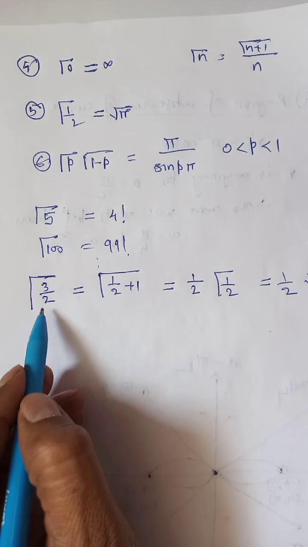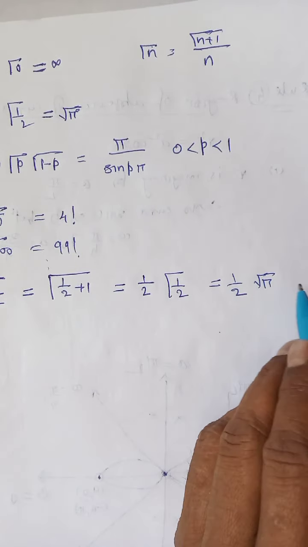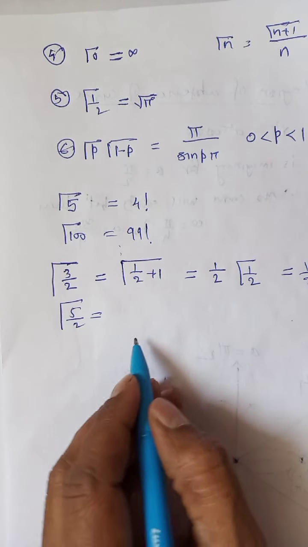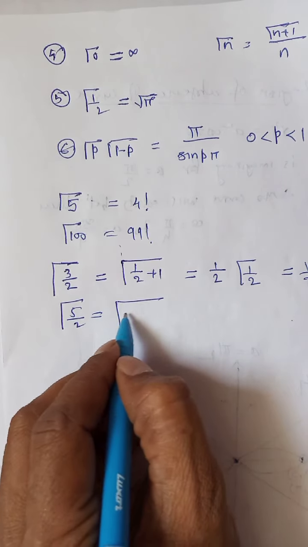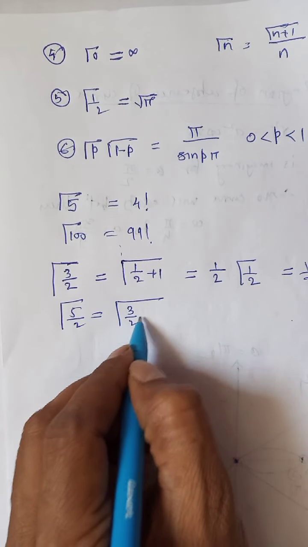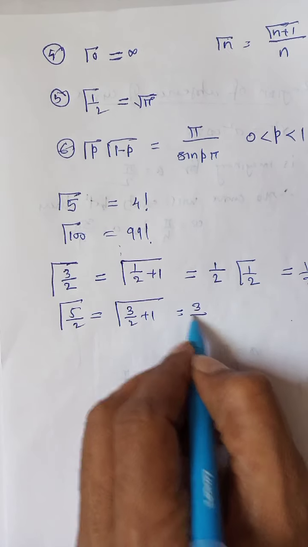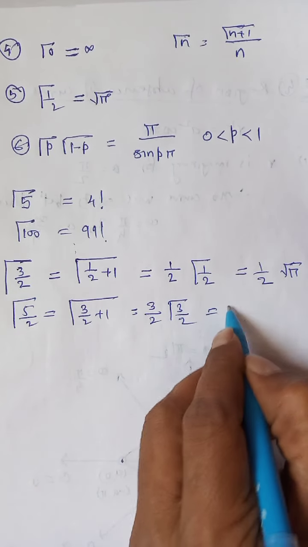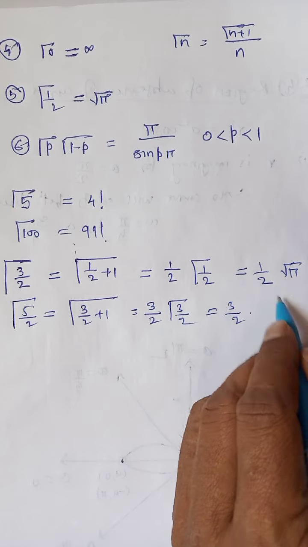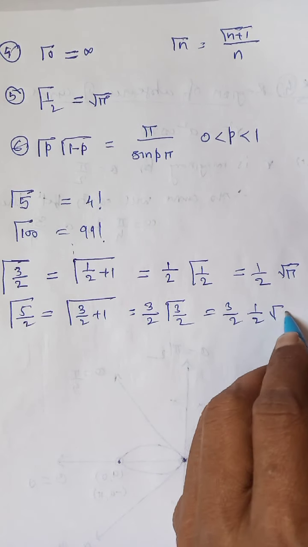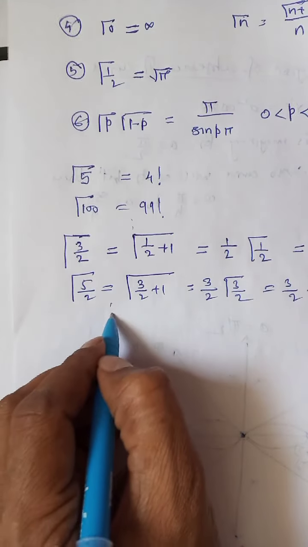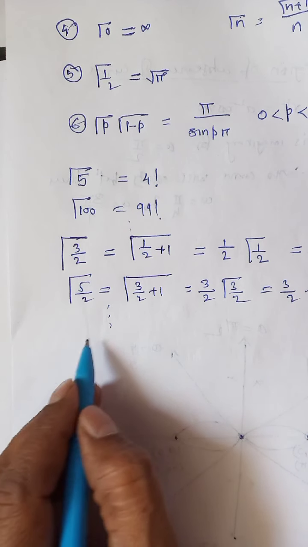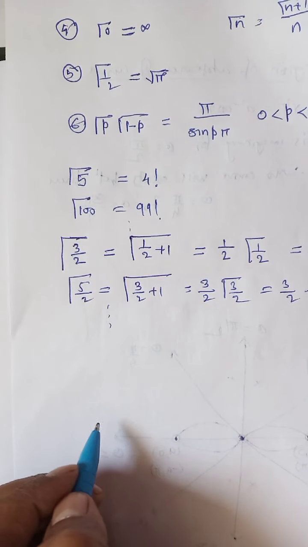So the value of gamma 3 by 2 is half into root pi. Similarly, we can find gamma 5 by 2: 5 by 2 can be written as 3 by 2 plus 1. So it is 3 by 2 into gamma 3 by 2, which is 3 by 2 into half into root pi, and so on. In this way we can find the values of gamma 7 by 2, gamma 11 by 2, and so on.